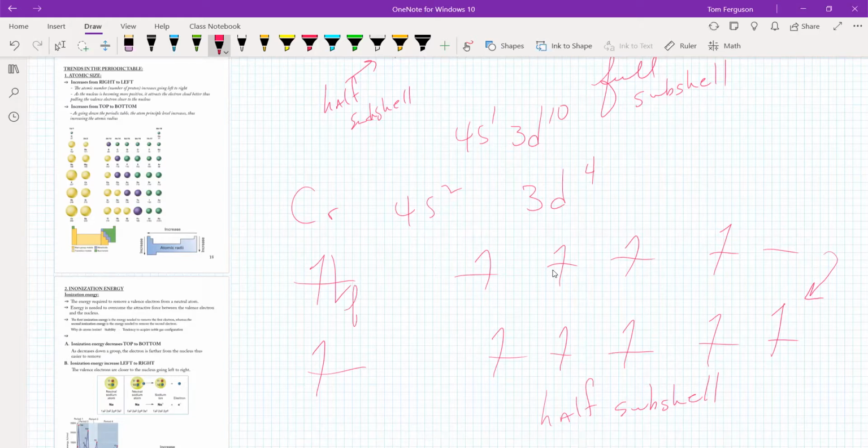And this is full to a half subshell. So we've destabilized the S, stabilized the D, for the same reasons that copper did it. So the whole chromium family, because the valence configuration for the chromium family is the same, they all do it. So exactly the same reason, copper and chromium.